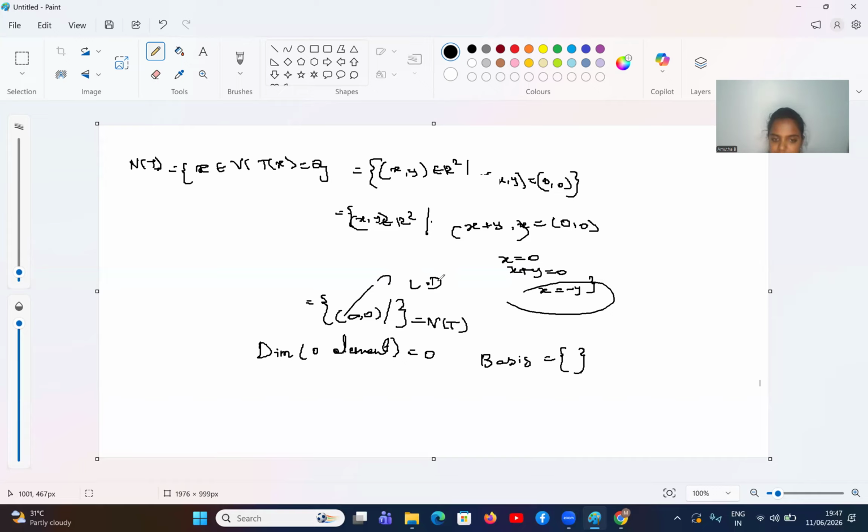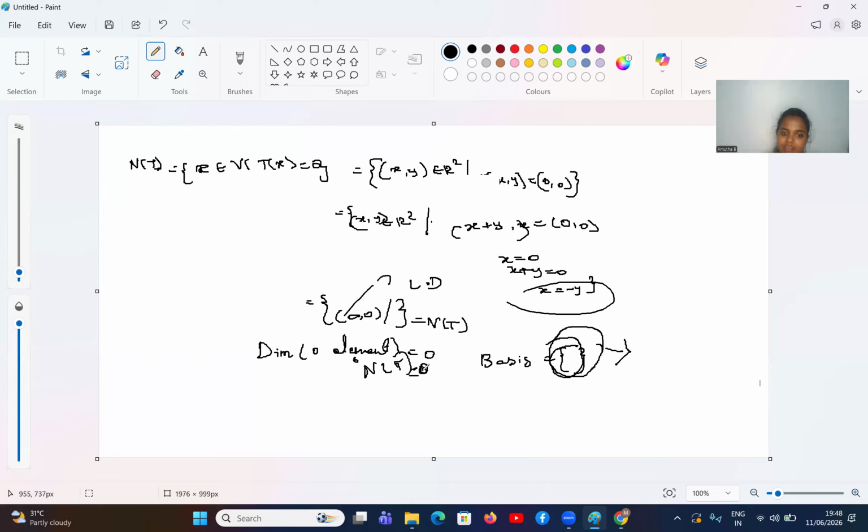If it is linearly independent, we can take it for the basis, but there is no linearly independent element, so it is linearly dependent. A linearly dependent element should not be placed in a basis. Only linearly independent elements should be placed in the set of bases. We don't have any linearly independent element, so the basis is empty and the number of elements in the basis is 0. So the dimension of N of T is 0.